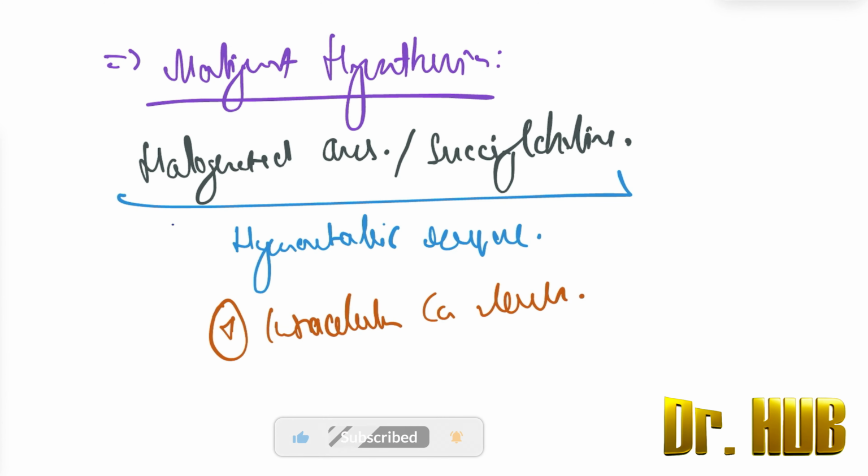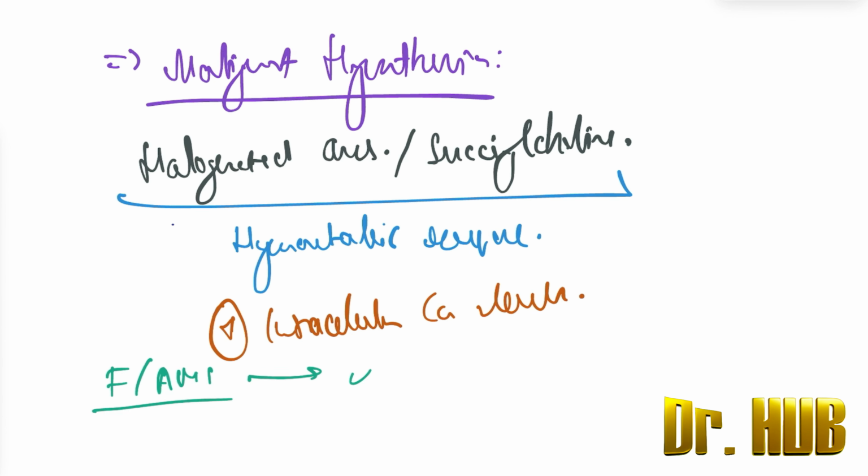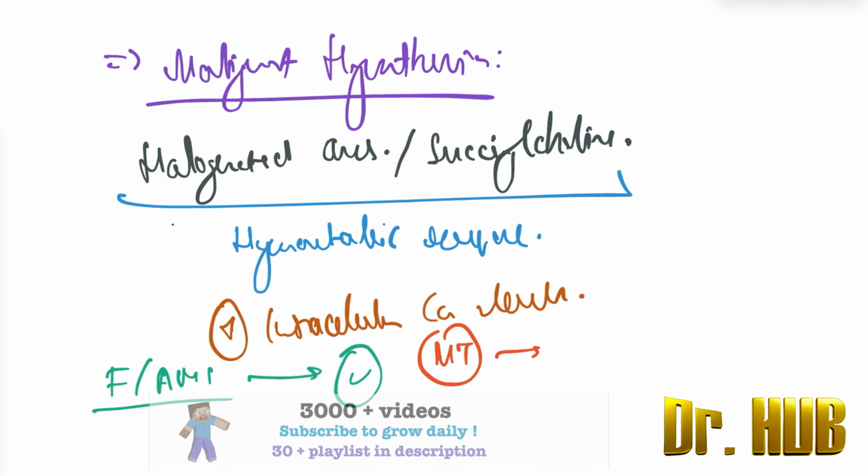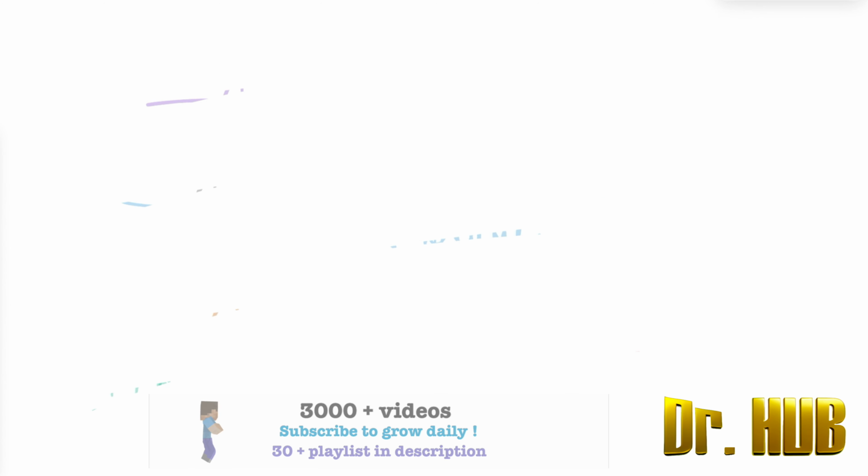Then we move on to the fever and the altered mental status. Here it is present. What about the muscle tone? The muscle tone in malignant hyperthermia is rigid. The skin and the mucosa are wet.